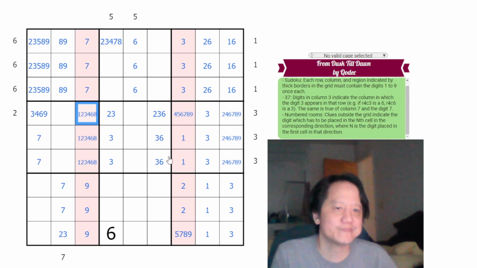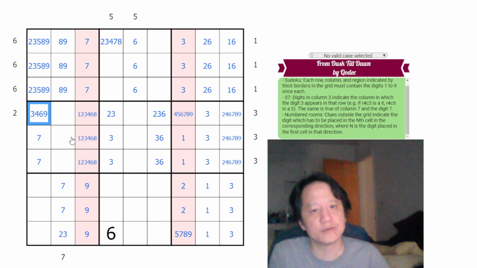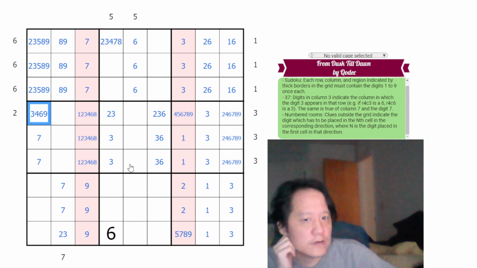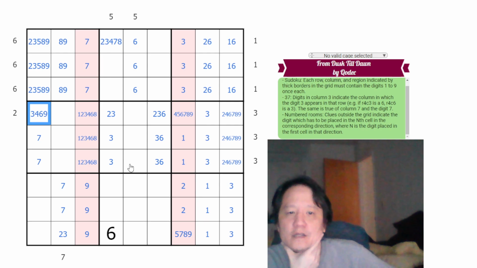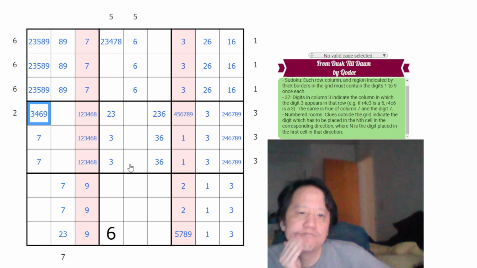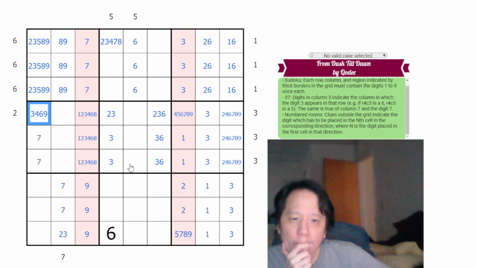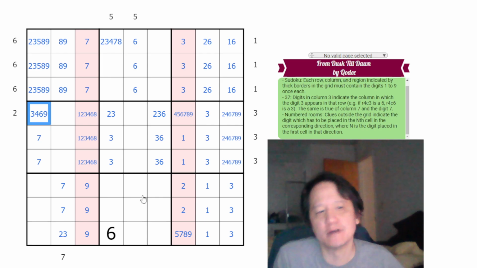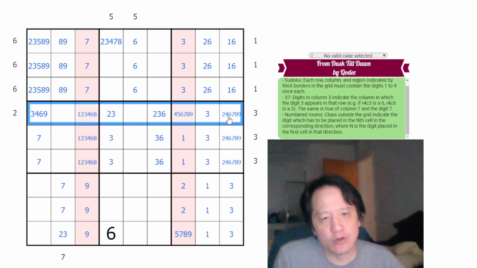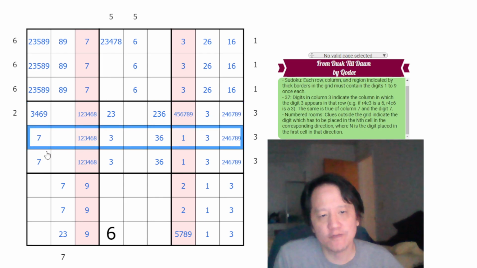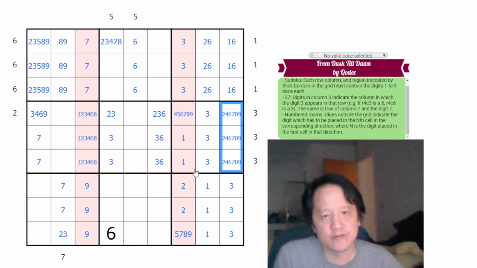So still could be 3. 6, 9. Oh, wait, hold up. Oh, no. We don't have anything. We only have this row of 2. We don't have a full set of 3, so we don't have that information.